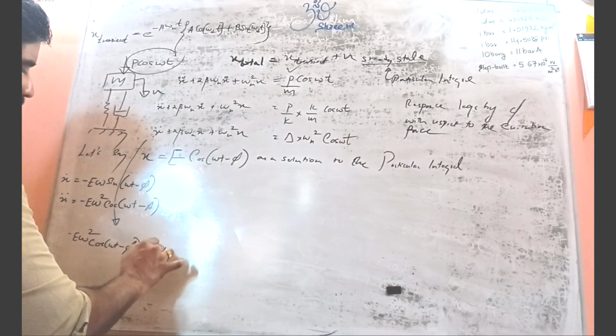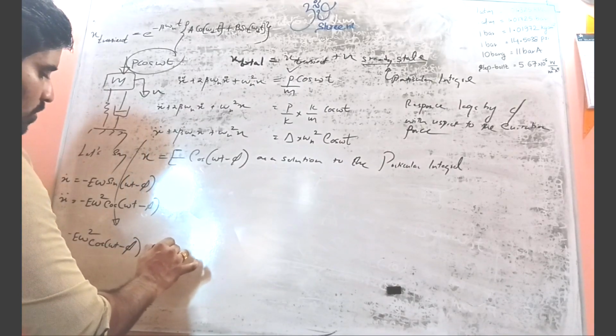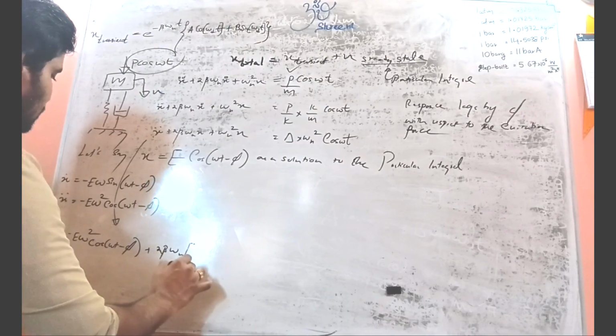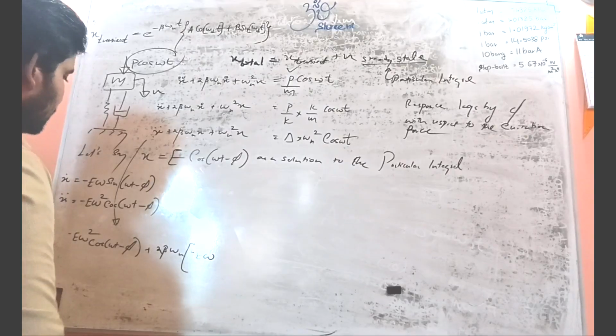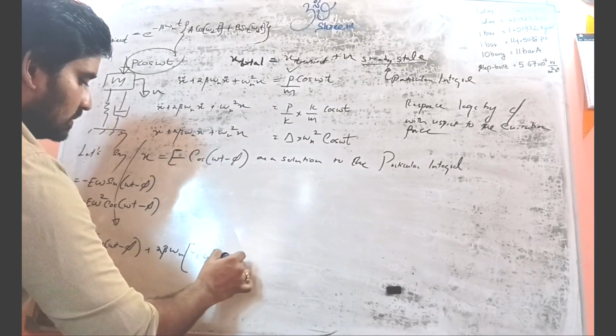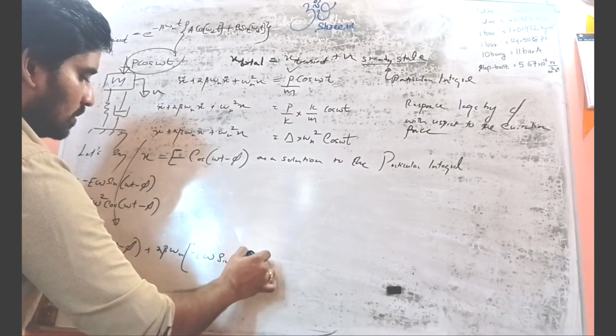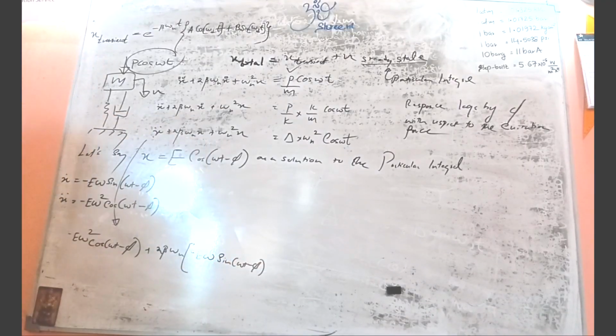Plus 2 beta omega n, what is x dot? Minus E omega sine omega t minus phi, right?